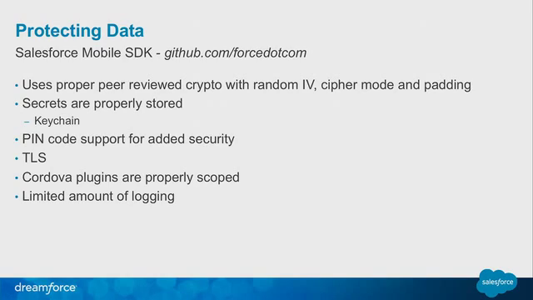instead of writing the actual select name from account using REST. That is very convenient. The Cordova plugins, so there are native and there are hybrid mobile SDKs. You can pick the one that suits you better. The hybrid ones come with some plugins, and you can actually scope down the plugins.